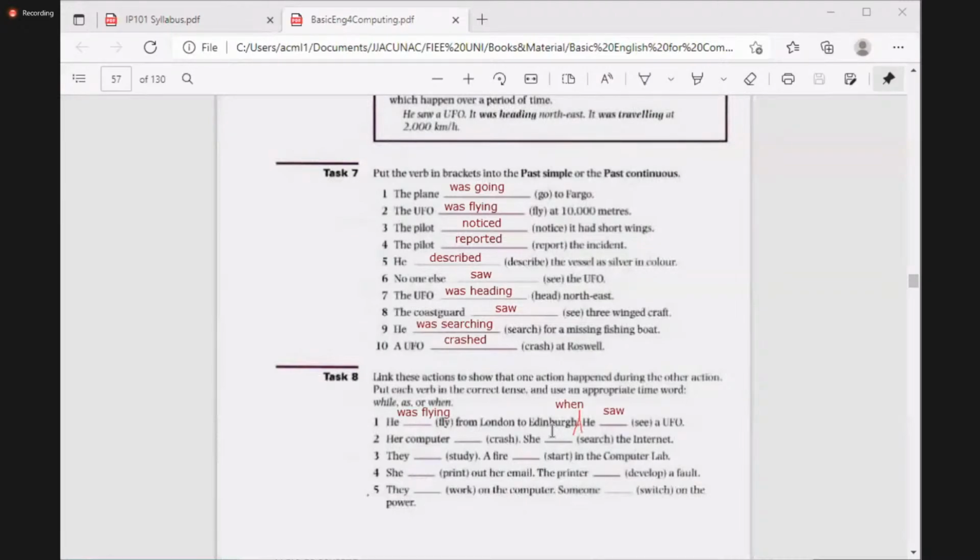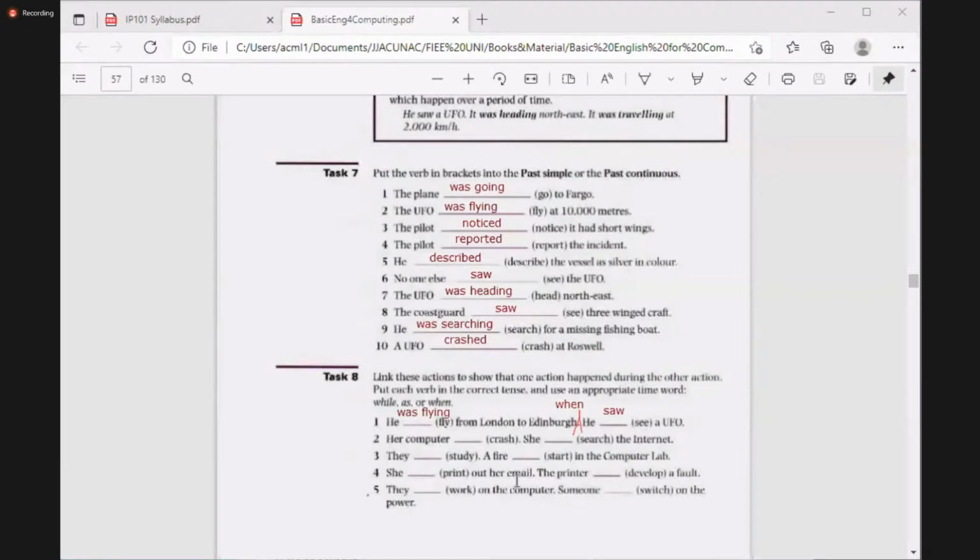Her computer crashed, or stopped working. And she was searching the internet. Was searching the internet a couple of hours, and then the computer stopped working, crashed.